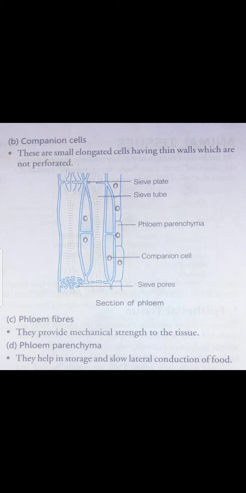Then the fourth, that is phloem parenchyma. They help in storage and slow lateral conduction of food. Like in xylem, where the lateral conduction of water is done with the help of xylem parenchyma, the same way here in phloem it helps in storage, as parenchyma are the storage cells.